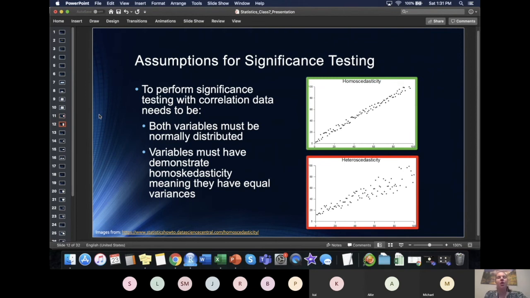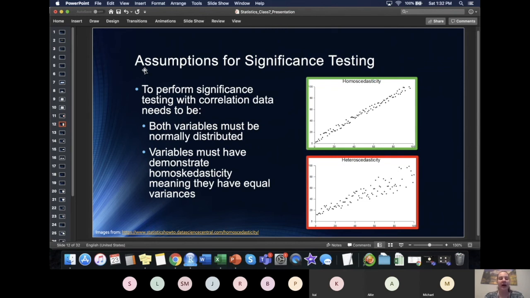Okay, so you'll remember from t-tests and the other statistical models we went over, often there was an assumption that your data is normally distributed. What I'm showing here, you can find a correlation without actually testing whether it is significant or not.